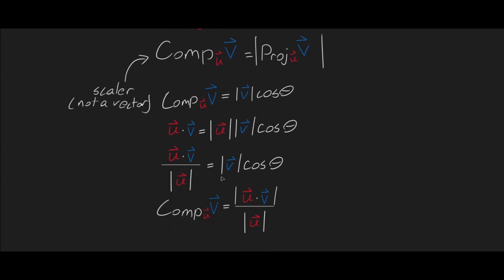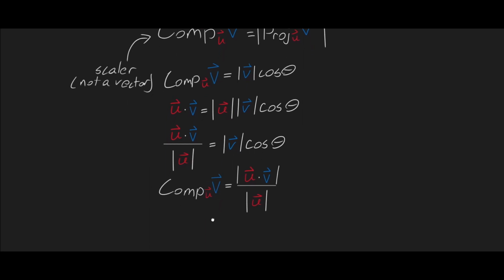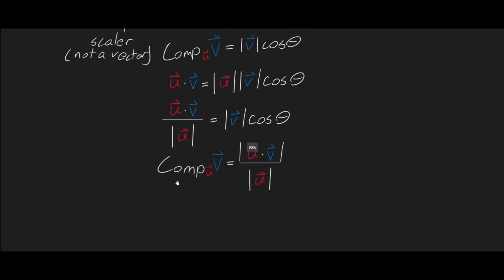We can substitute the magnitude of v times cosine of theta with the component of v onto u. And we are left with the component of v onto u being equal to the dot product of these two vectors divided by the magnitude of u.